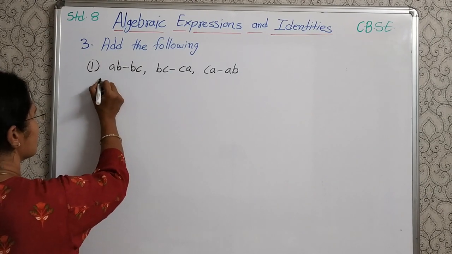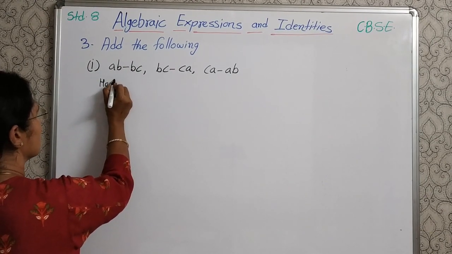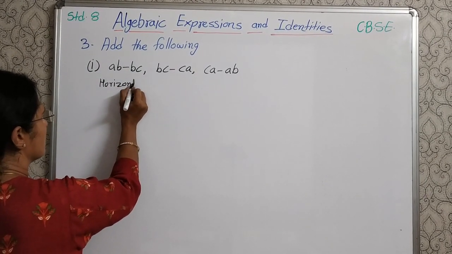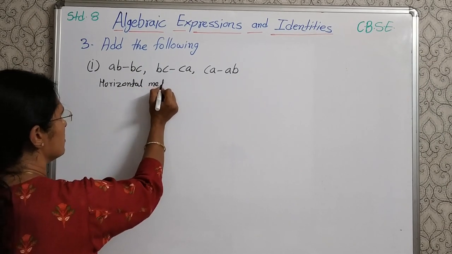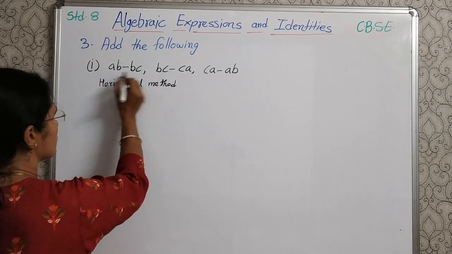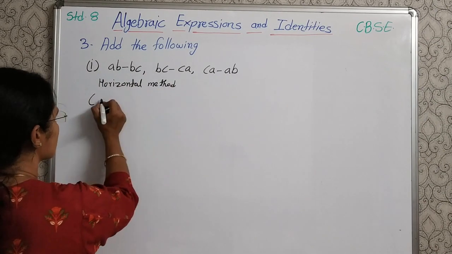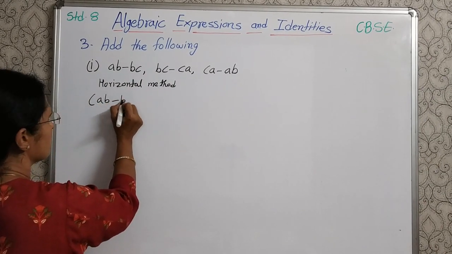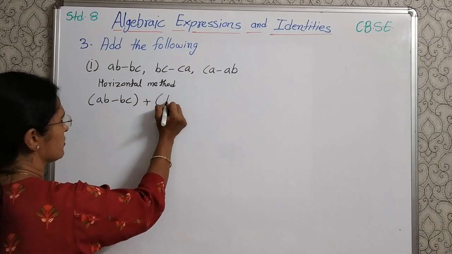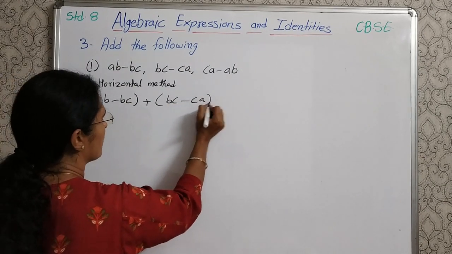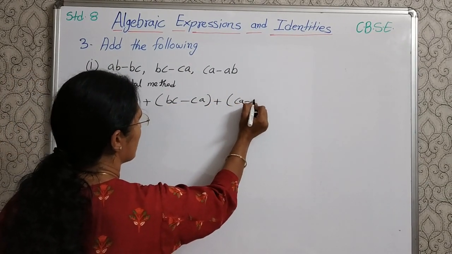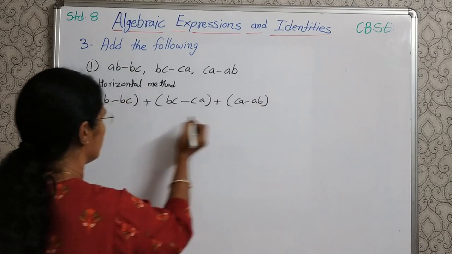So, first we will use horizontal method. First we will write these 3 expressions in 3 different brackets and add. Plus CA minus AB.